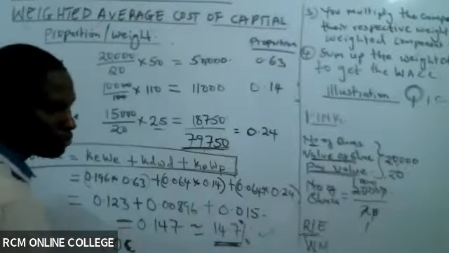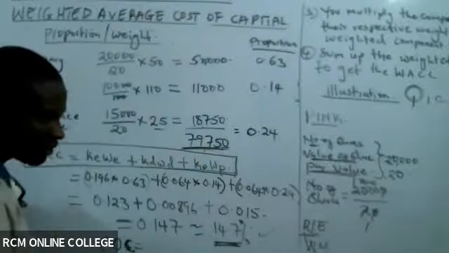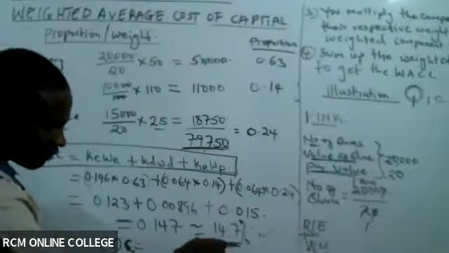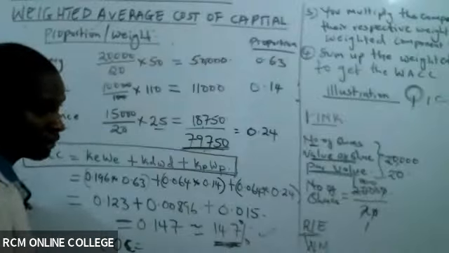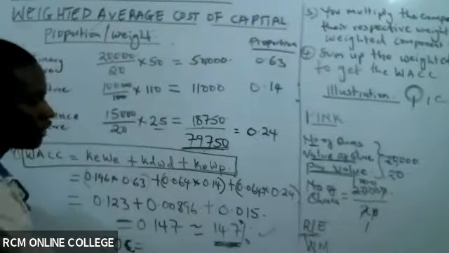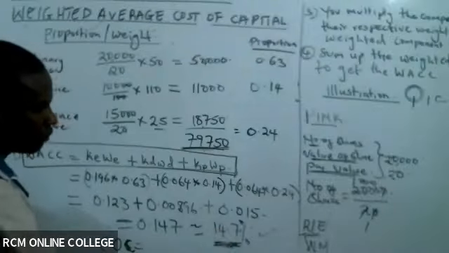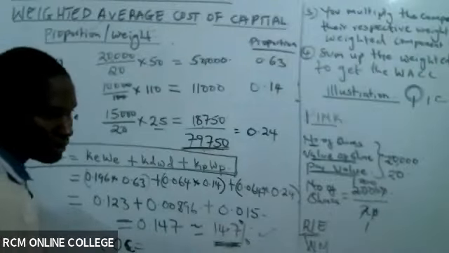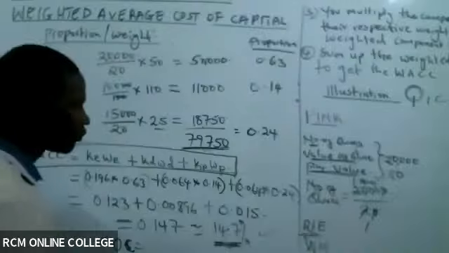Imagine inakomputiwa hivyo. Before they get that COC, the required rate of return. That is the way we compute our required rate of return of a company. Now, the cost of capital of this company is 14.7%. And that is how we compute what?